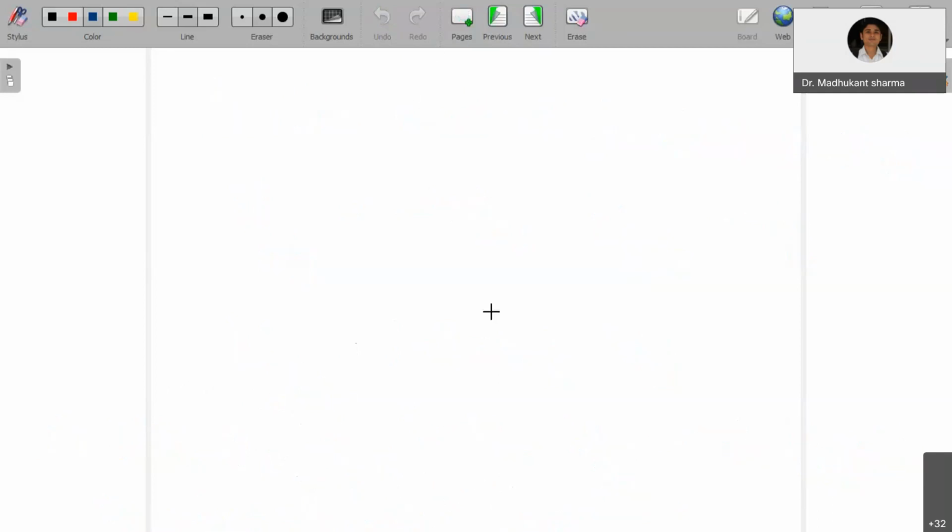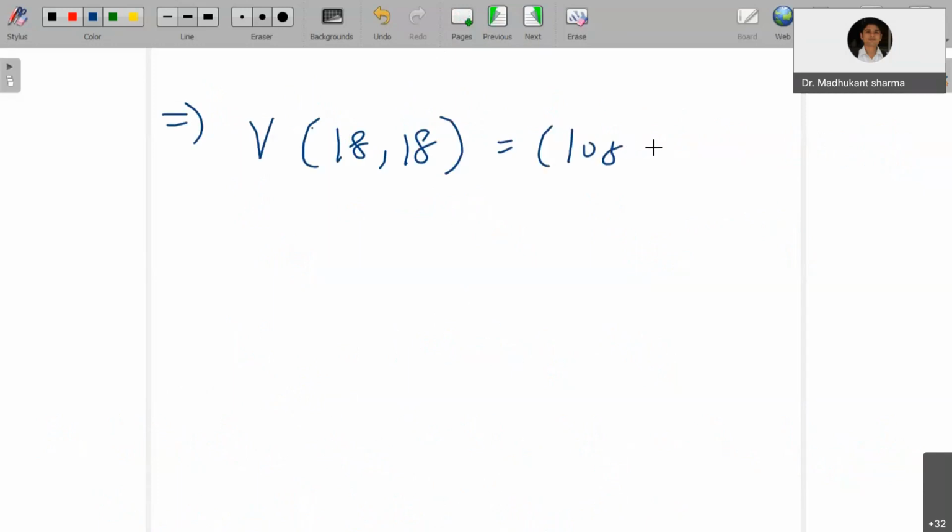Now, what is the maximum value? V at 18, 18 is 108 minus 2y minus 2z, times y times z.